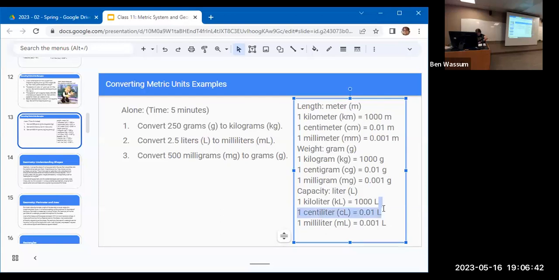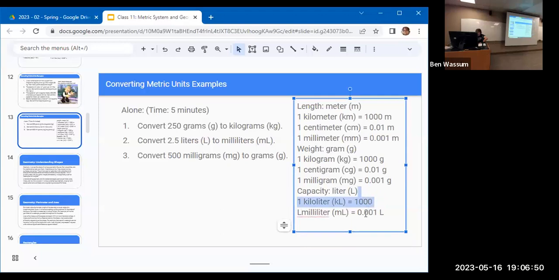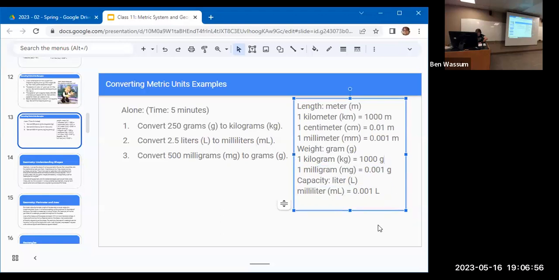In fact, let's kill a few of these. Like I said, there's only a few of these units that you'll ever actually use. Kilometer, centimeter, millimeter, that seems right.